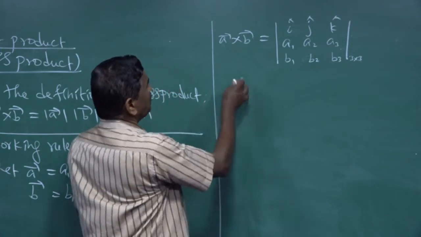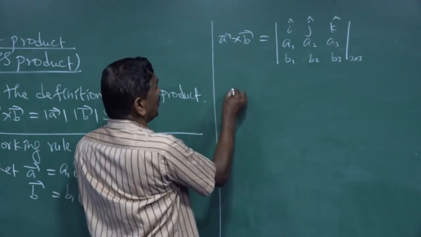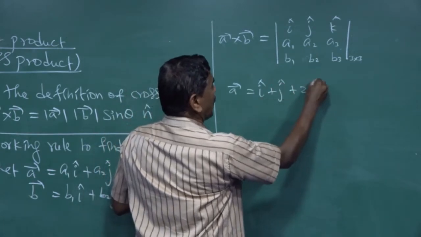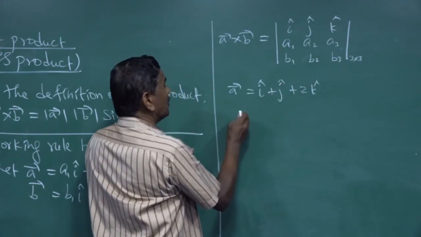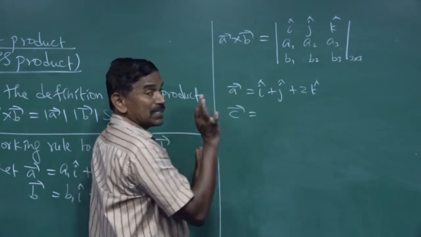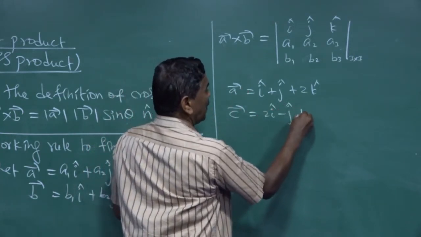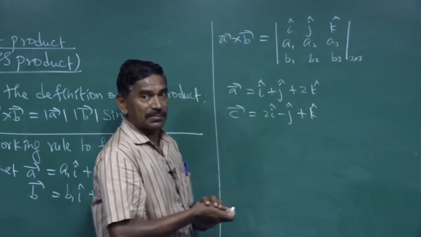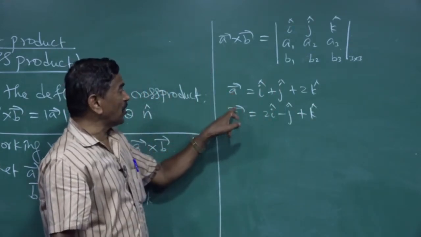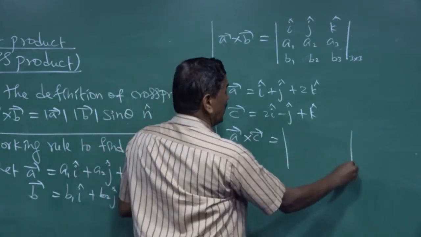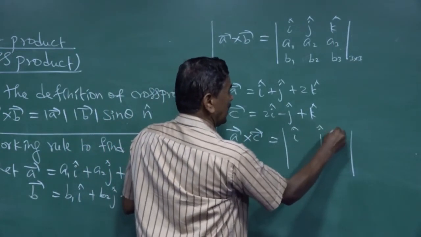Say for example, suppose A vector is equal to i cap plus j cap plus 2k cap, and suppose C vector is equal to 2i cap minus j cap plus k cap. Suppose I want to find A vector cross C vector. A vector cross C vector is equal to determinant ijk.